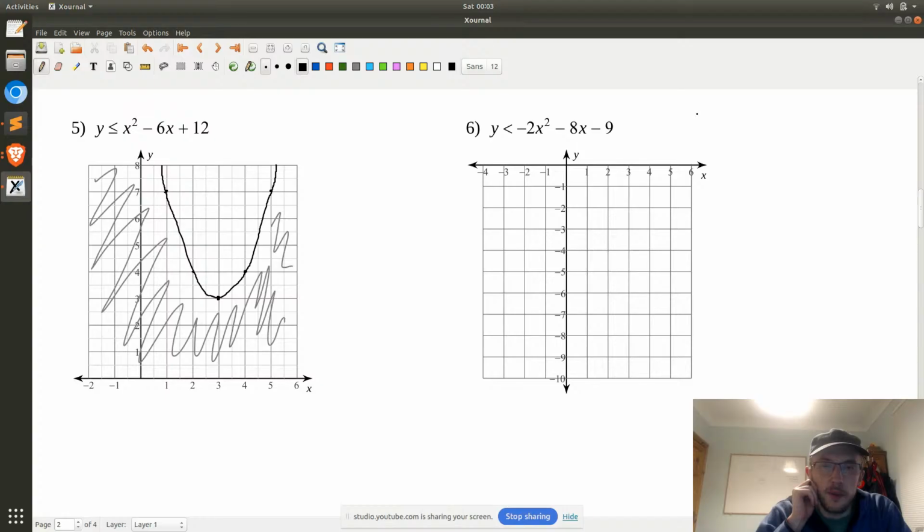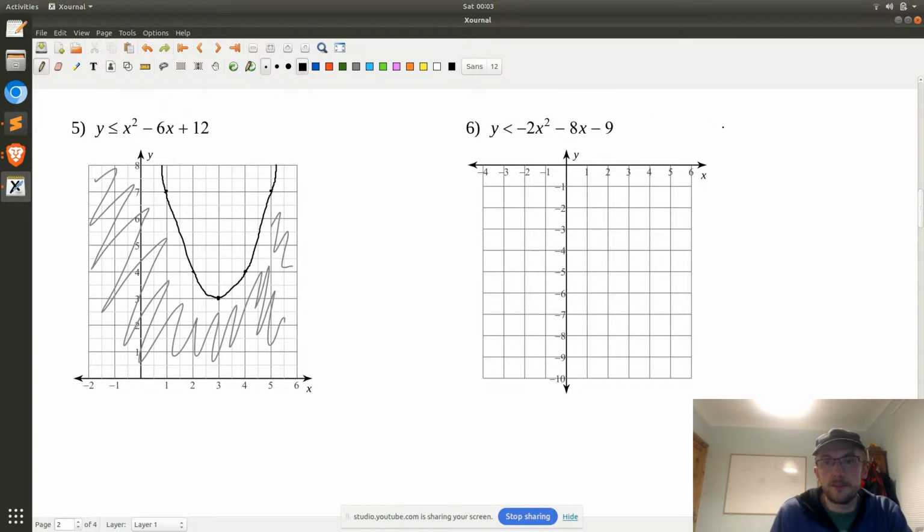So 64 minus 4 times minus 2 times minus 9. Okay, that's a lot of minuses floating around. So it all collapses down to a single minus. So 64 minus 72, which is negative 8. So this won't have any real roots either. It will be below the x-axis, something like this.